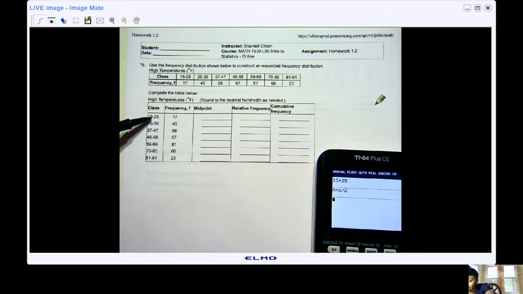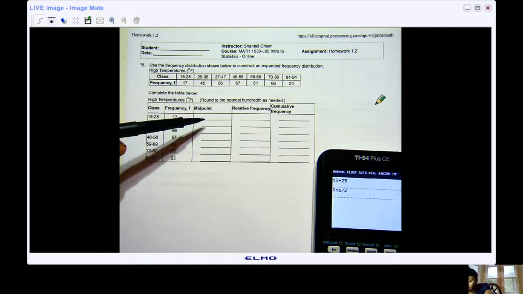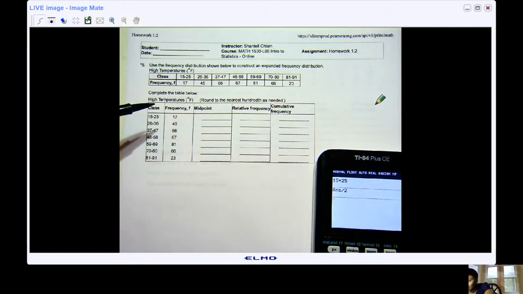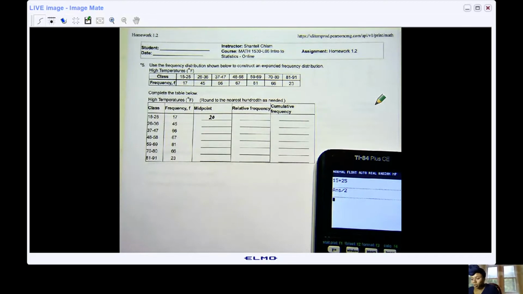Because of the way this class ranges, it might have been easy for you to find that value without using the midpoint formula, but they won't always be that easy, so I do recommend that you use it. But it might have been easy to determine that 20 is the middle value between 15 and 25. Then we continue on.